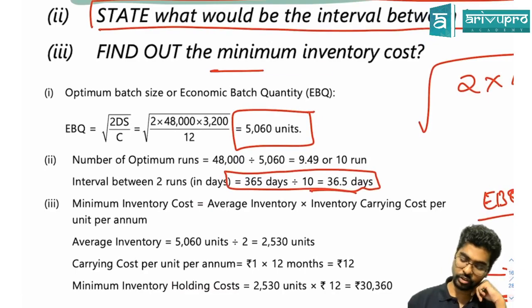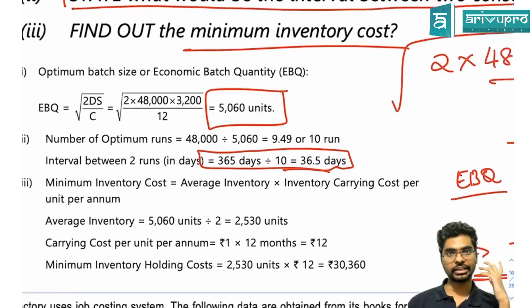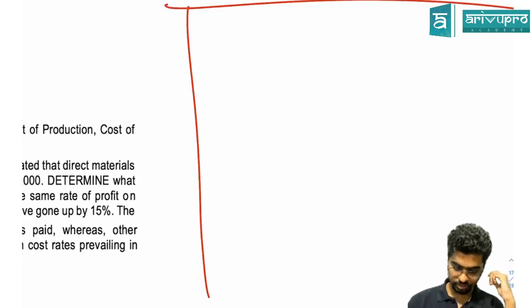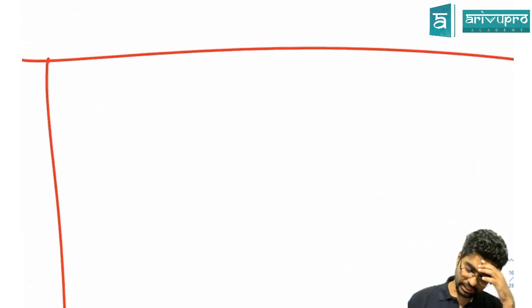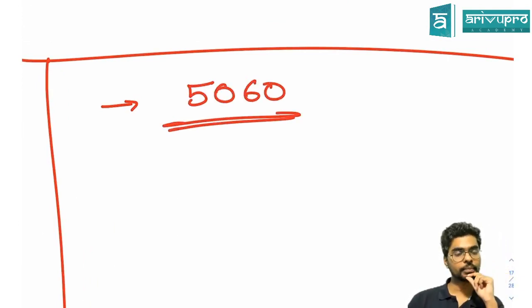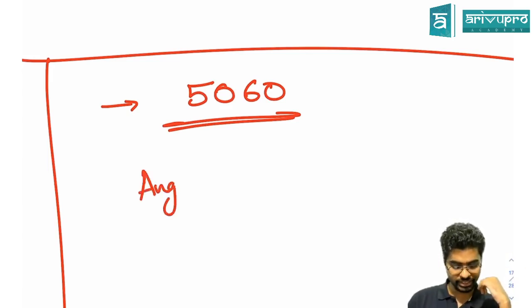Done? Find out the minimum inventory cost. Okay, that's the third question. Now, how do I find out my inventory cost? Okay. Now, every time I'm ordering for what? 5060. Correct? Every time I'm ordering for 5060. Yes. What is going to be my average inventory then?